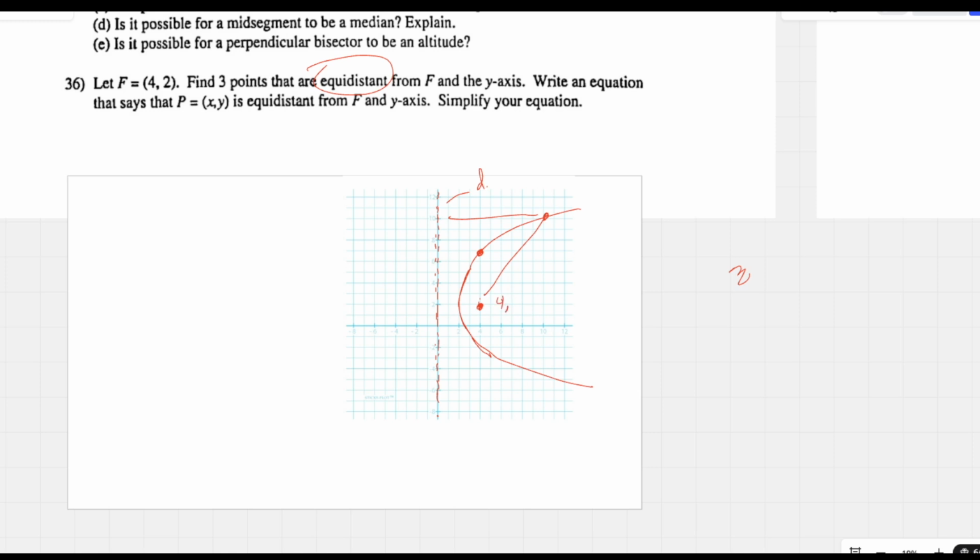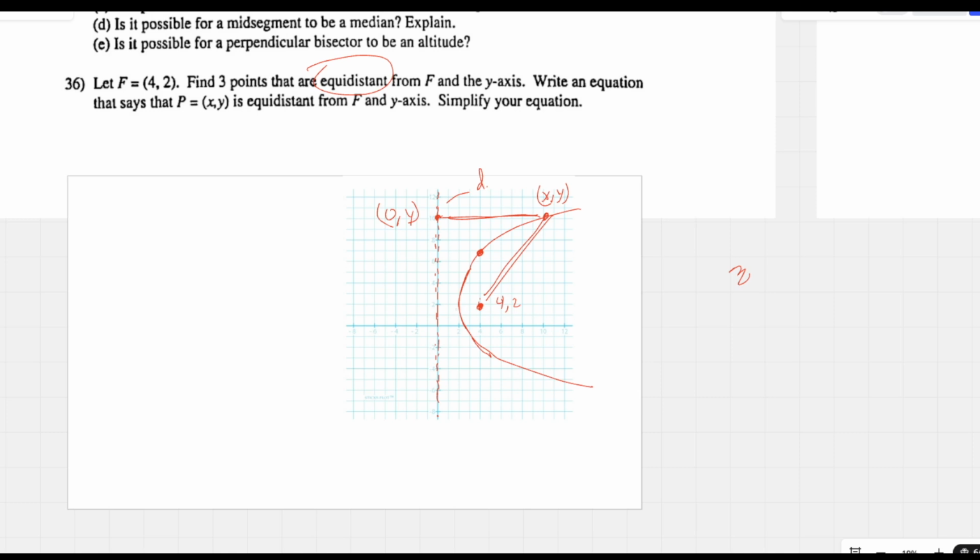Let's see, so we've got 4, 2, we've got a point x, y, and some other point, which is 0, y. So one way to do this is do the distance formula here and the distance formula there, and then you set them equal, and it'll give you that equation.